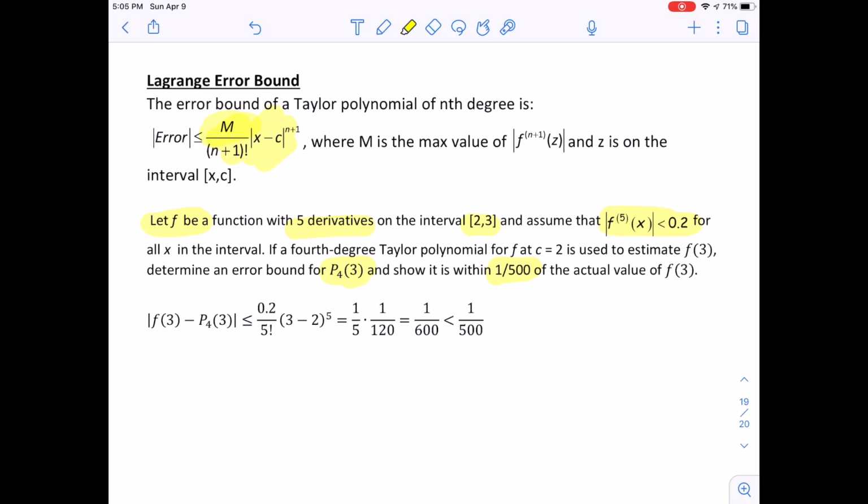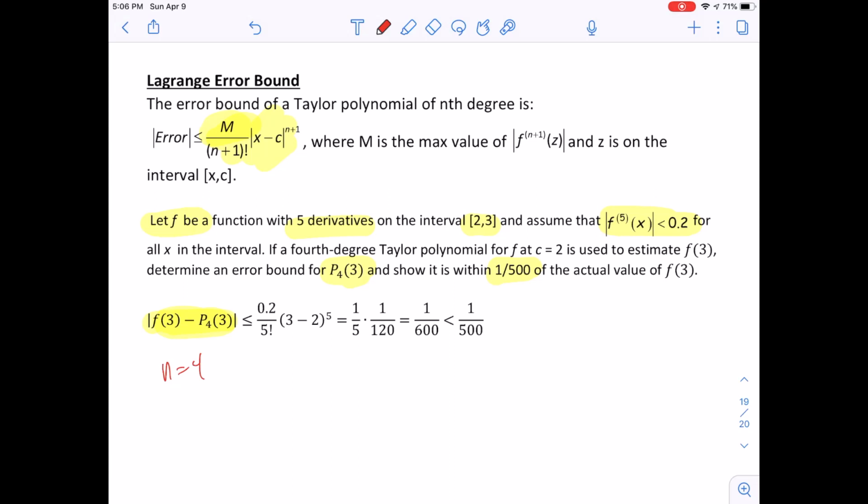So we're saying the difference between the actual value of the function at 3 and our 4th degree Taylor polynomial, realize in this problem that our n equals 4, so all the values in the formula are going to end up being 5. We're going to be looking at the maximum value of the fifth derivative over 5 factorial times how far away from the center of convergence we're approximating, to the fifth power.